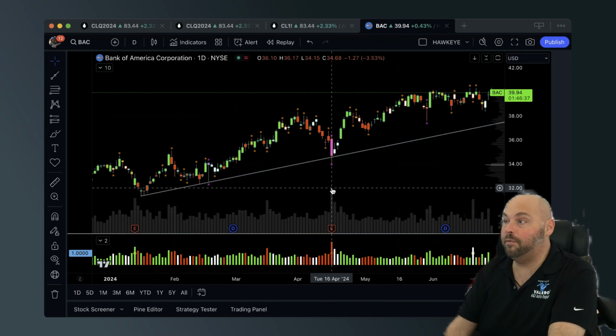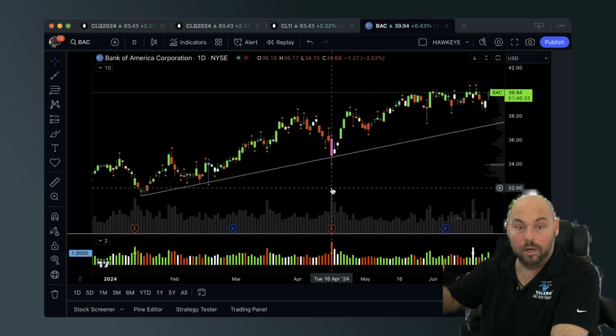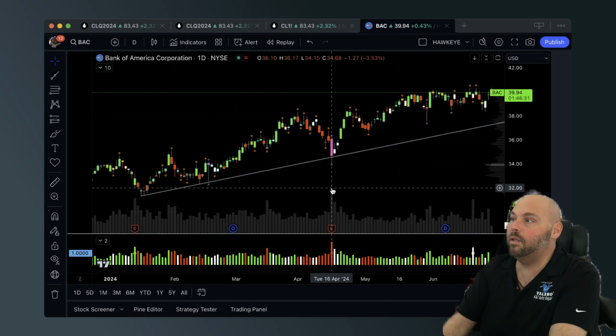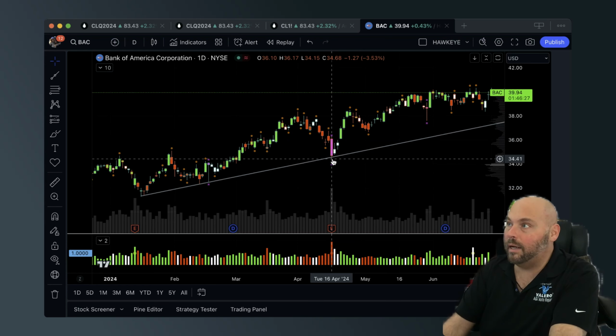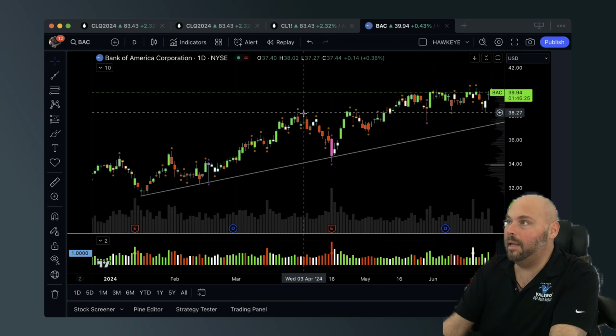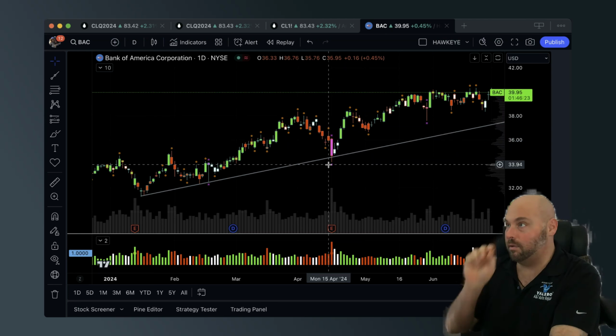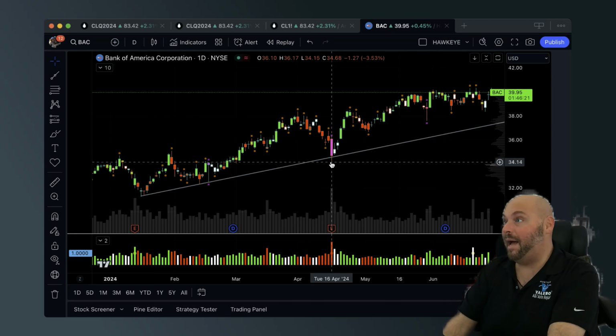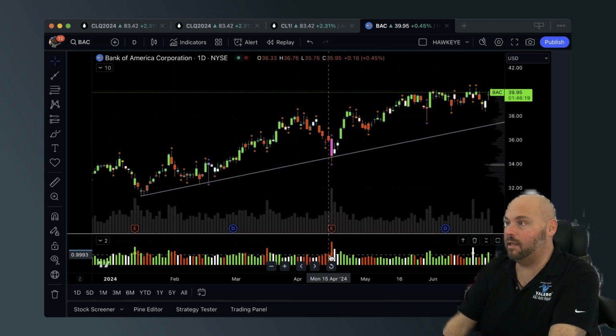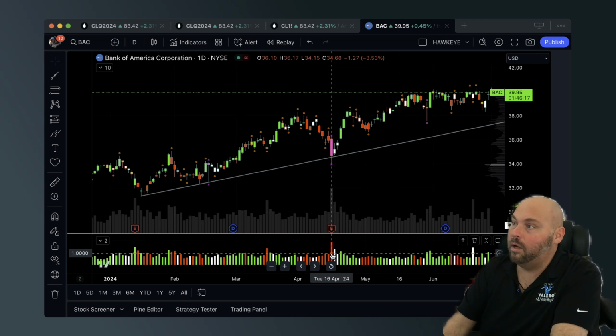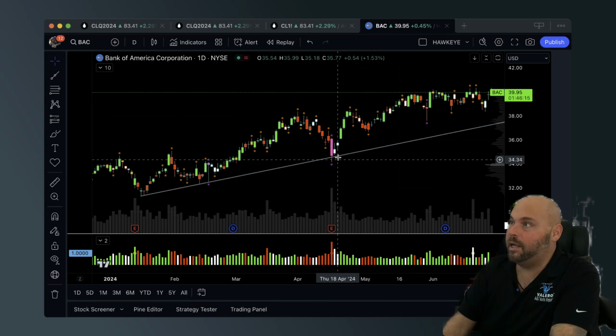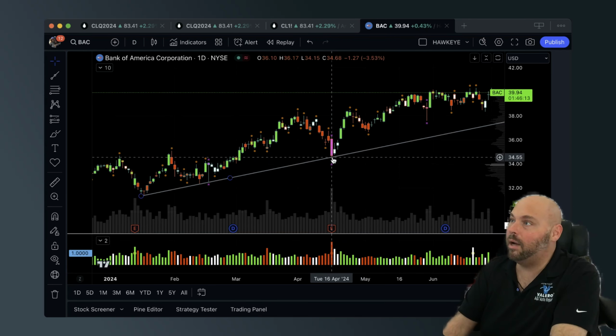So now let's fast forward, right, into April 16th. We're going to bump forward here a couple months, and let's look at this test of this trend line. Now, notice we come into this trend line very aggressively, all right? We pull back, heavy selling volume, ultra high selling volume dot right here, and we print a Hawkeye wide bar. Guys, this is into support.